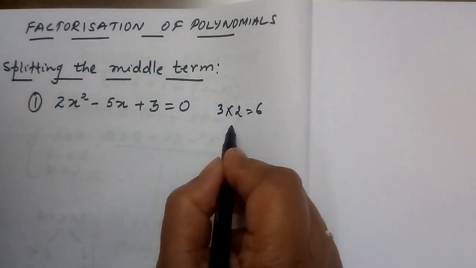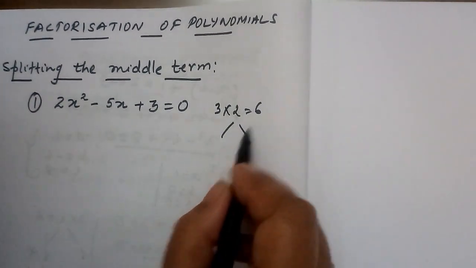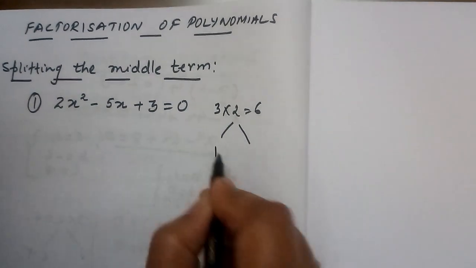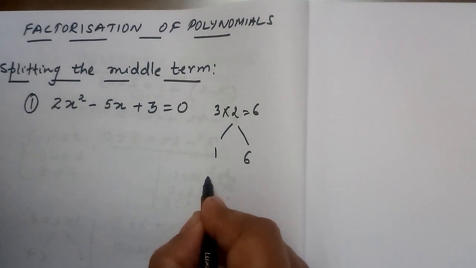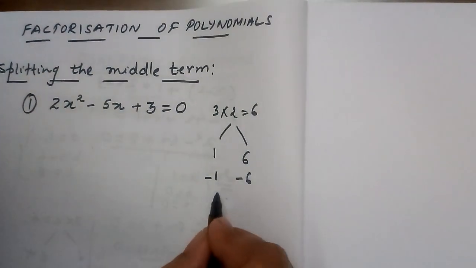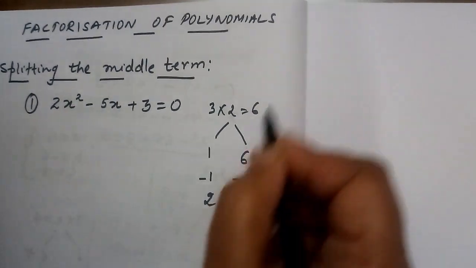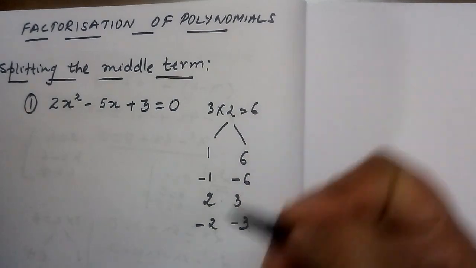Now what I have to do next is find factors of 6. If I write 1 over here and 6 over here, I get 1 into 6, 6. Similarly, minus 1 minus 6 also gives me 6. 2 into 3 also gives me 6, and minus 2 into minus 3 also gives me 6.